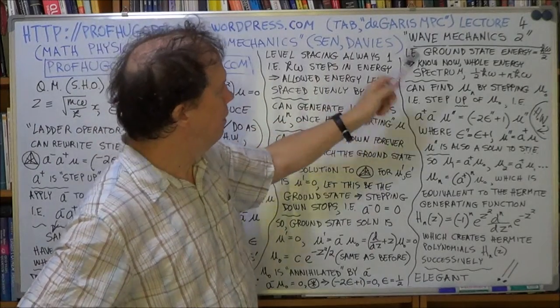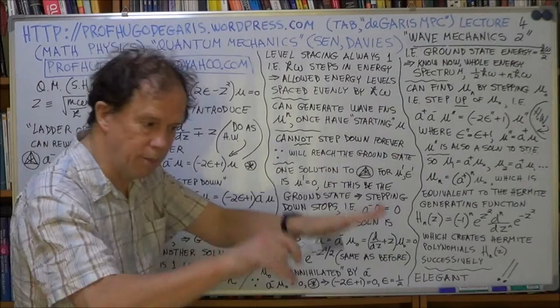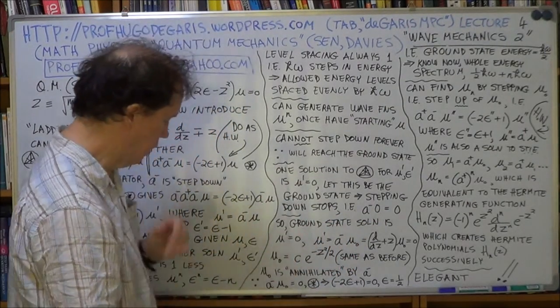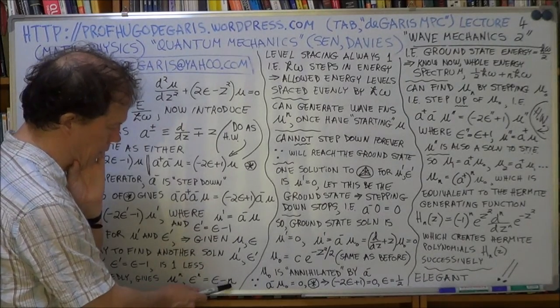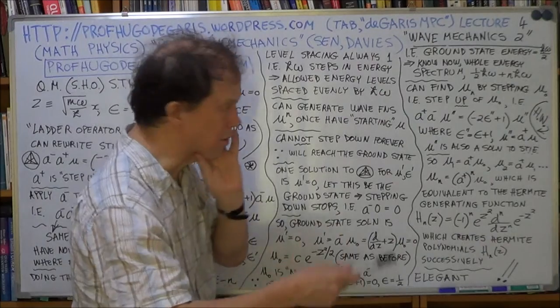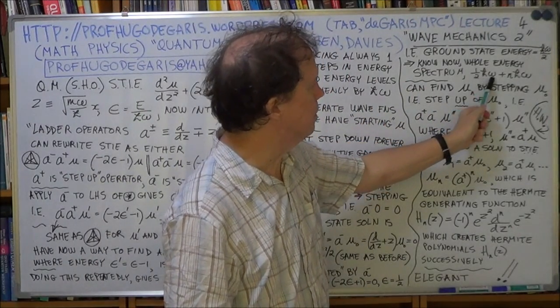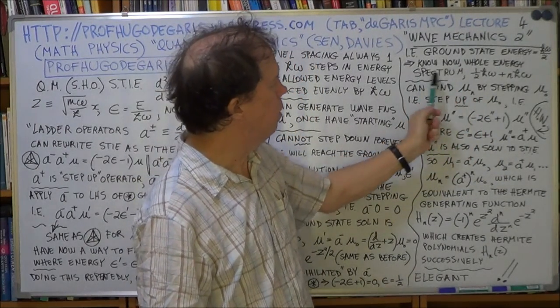Now we know the energy keeps going down as we step down by applying A minus each time. The energy keeps going down in units, e to minus 1, minus 2, minus 3. So now that we know the starting energy was a half h bar omega, we know the whole spectrum.